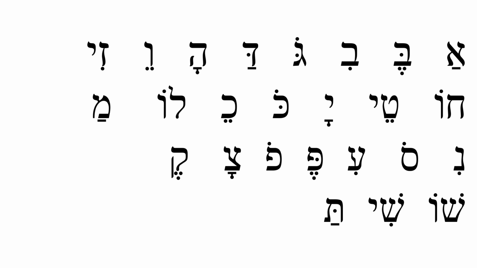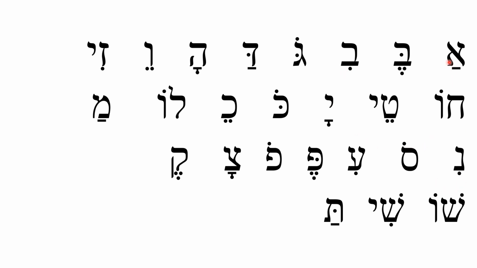Let's go ahead and review, first of all, our letters that we've covered so far. We'll run through them here real quick, and then I'll give you an opportunity to stop the video and read the letters with their vowels.